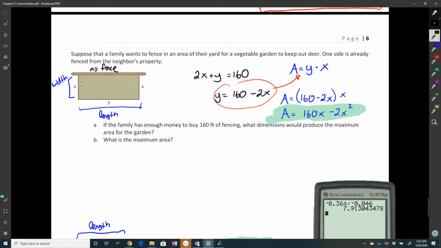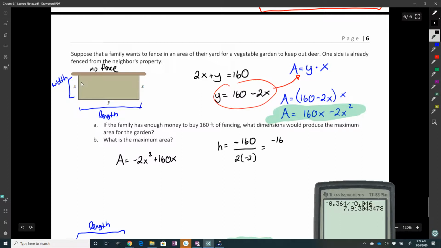So we can rewrite it. A is equal to negative 2x squared plus 160x. And so h is equal to negative b over 2a.